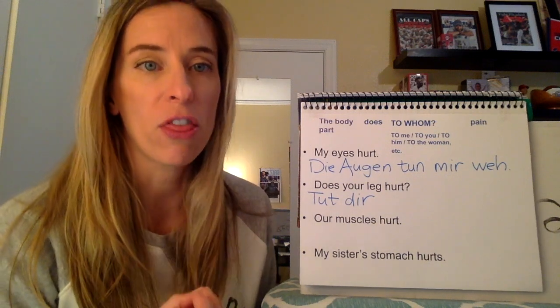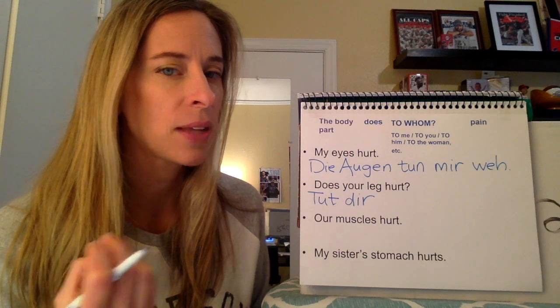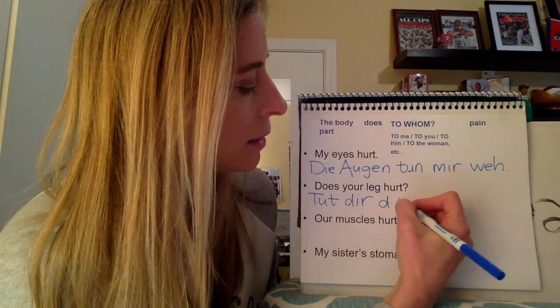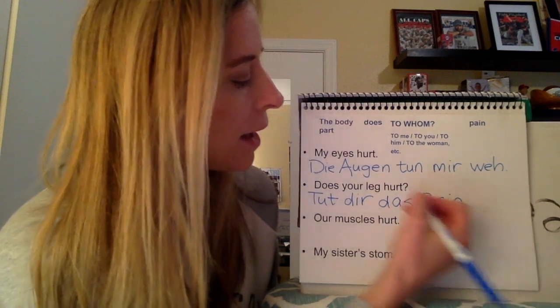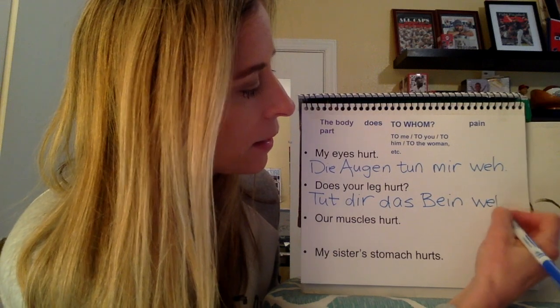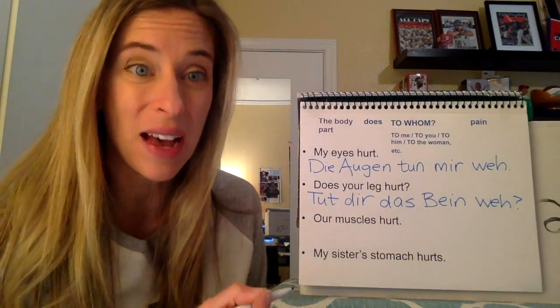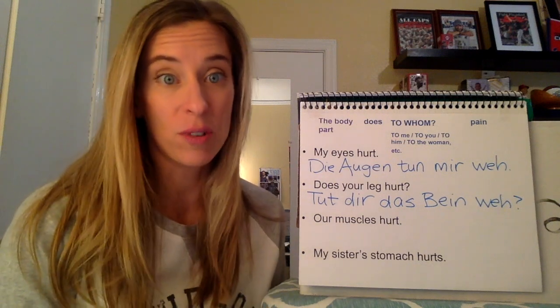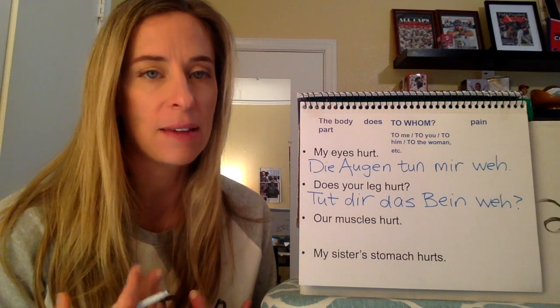We want to say the leg. And so think about what the leg is. That's going to be das Bein. And then finally, we always end with weh. And so that's how you would ask somebody, does your leg hurt? Tut dir das Bein weh? And then the person could respond, ja, das Bein tut mir weh.